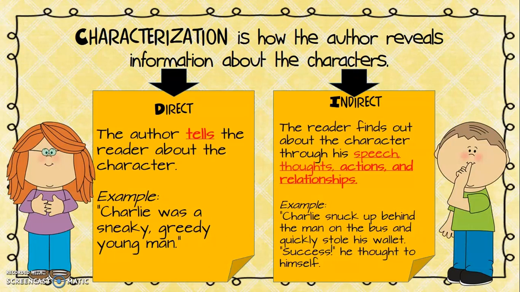Now, if I read that in a story, even if the author's not telling me what kind of person Charlie is directly, I would know that he's probably sneaky and greedy and not such a great character based on the fact that he just stole someone's wallet and he considered that a success. So I was able to infer that about Charlie based on what the author wrote to me.